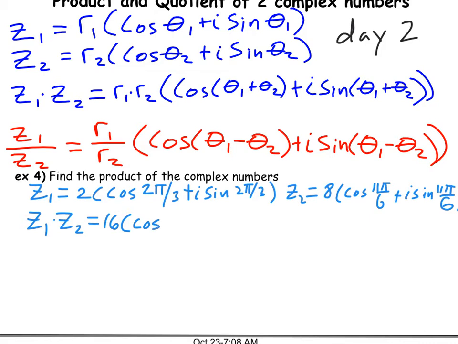The angles I add, so I've got 2 pi over 3 plus 11 pi over 6. And the only difference for the imaginary component is it goes with sine.